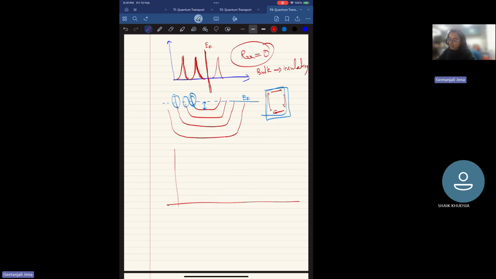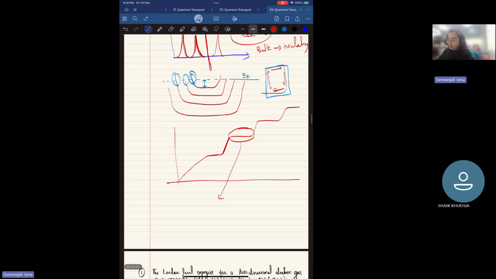So that is why we see, for the Hall resistance, for the low field regime, it is linear. But once it crosses a critical value, it will attain a plateau region, then suddenly increase, then a plateau region, then suddenly increase, then a plateau region. So the plateau region is the region where the bulk is insulating. There is no extended state through the bulk.